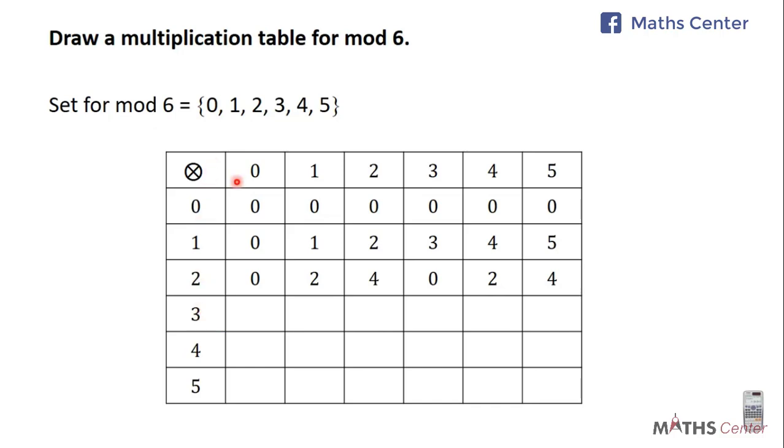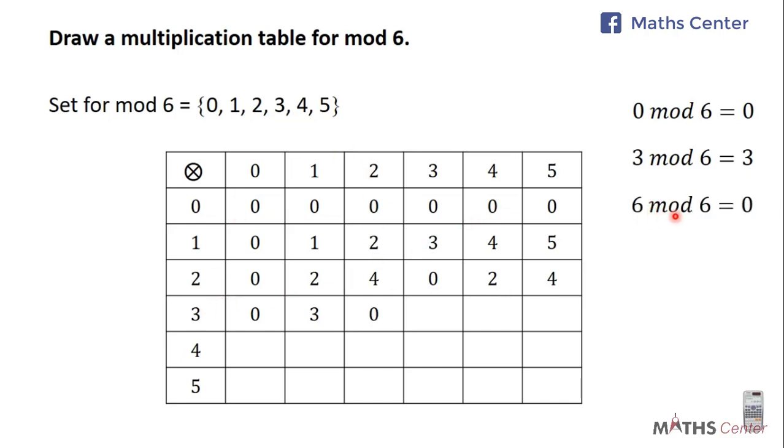We have 3 times 0. 3 times 0 is 0. 0 mod 6 is 0. 3 times 1 is 3. 3 mod 6 is 3. 3 times 2 is 6. 6 mod 6 is 0. 3 times 3 is 9. 9 mod 6 is 3. 3 times 4 is 12. 12 mod 6 is 0 because 12 divided by 6 will give us 2 remainder 0.